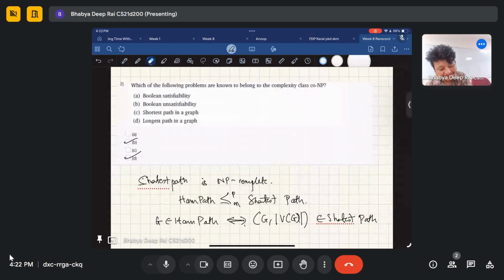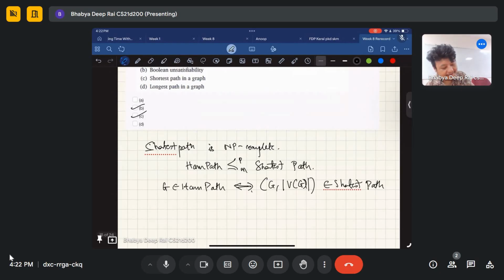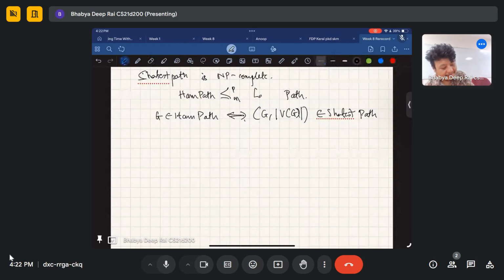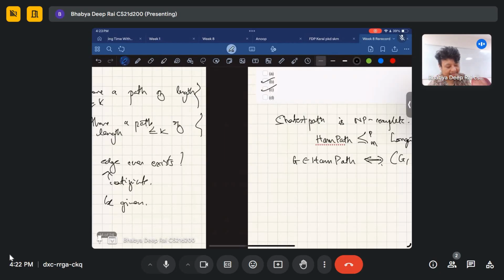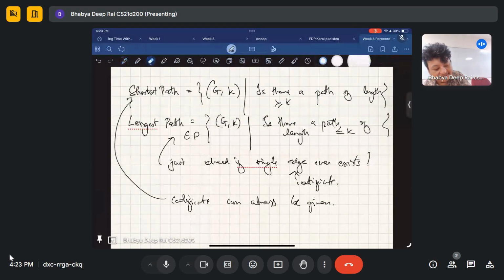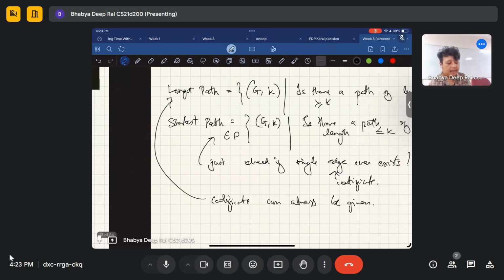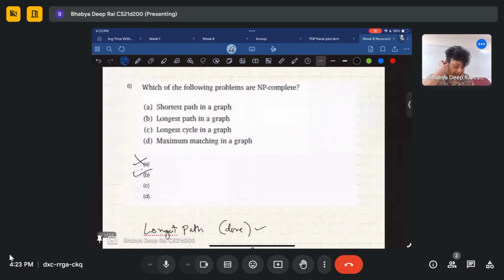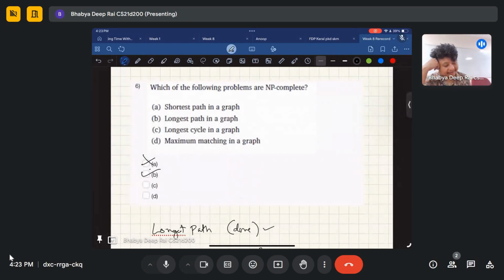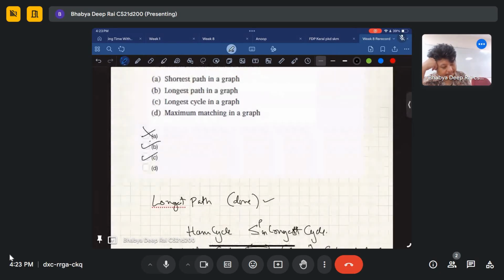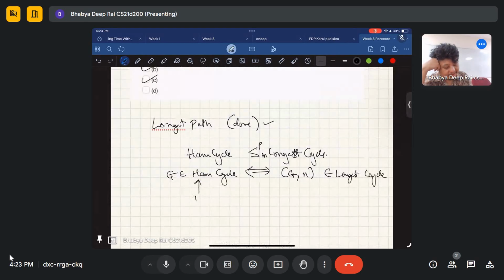So this should be interchanged: this should be longest and this should be shortest. So longest cycle in a graph is therefore NP complete.